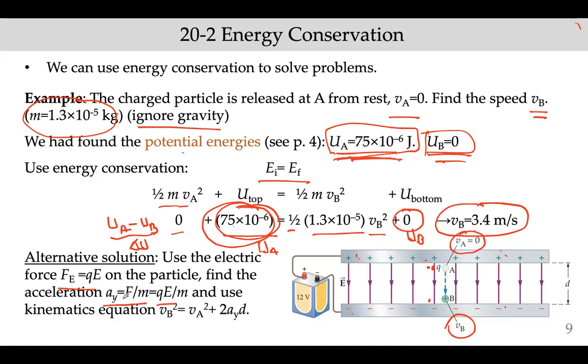Once you know the acceleration, then you use the kinematics equation. That acceleration comes in here, and you know the distance between the plates. The initial speed in this case is 0. So by using the forces and the kinematics equation, you can also solve this question to find the final speed.